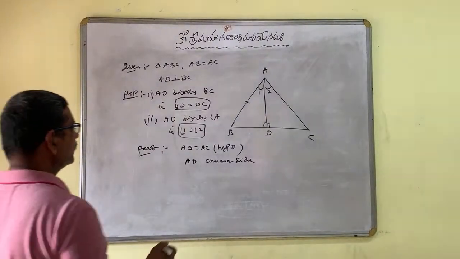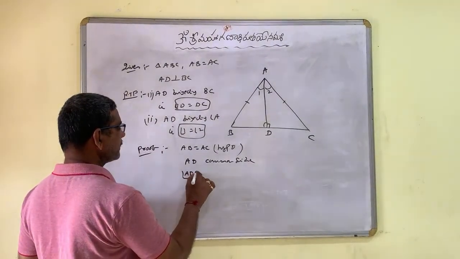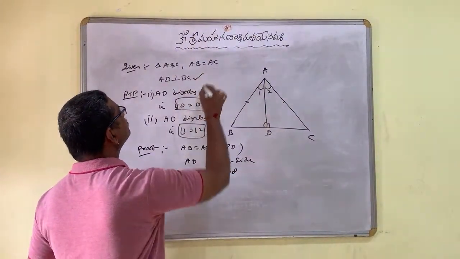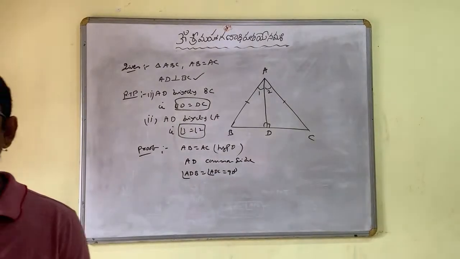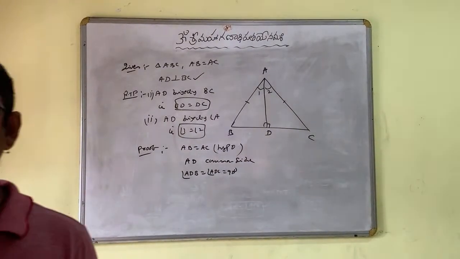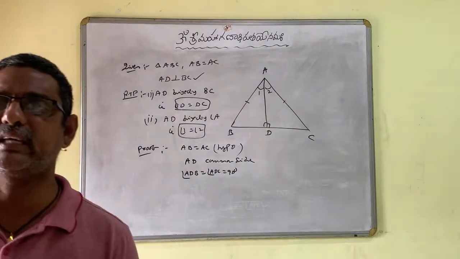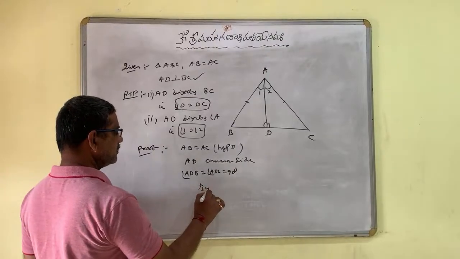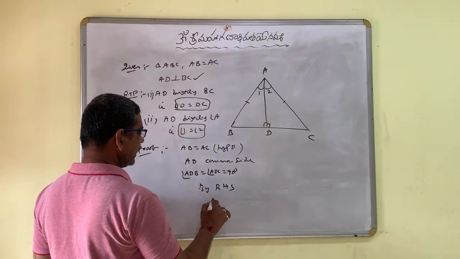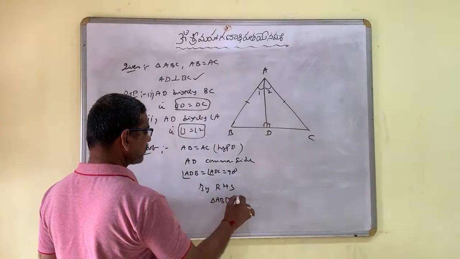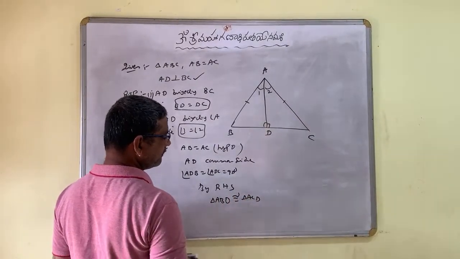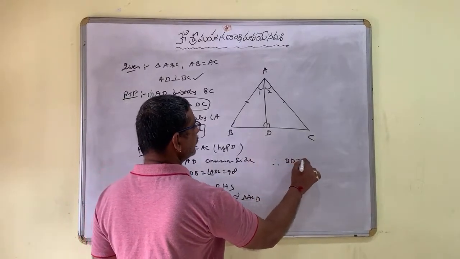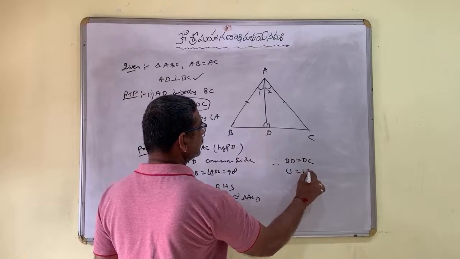And angle ADB is equal to angle ADC, 90 degrees, given, because AD is perpendicular to BC, given. So by RHS, triangle ABD is congruent to triangle ACD. Therefore, BD is equal to DC, angle 1 is equal to angle 2.